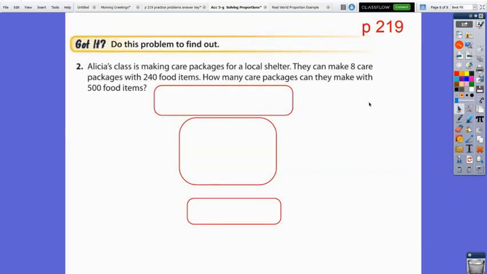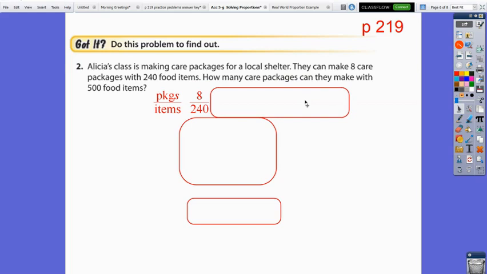All right, here's a Got It problem, a real world problem for you to do. Alicia's class is making care packages for a local shelter. They can make 8 care packages with 240 food items. How many care packages can they make with 500 food items? So we're going to start by setting up the proportion. Care packages over food equals care packages over food.